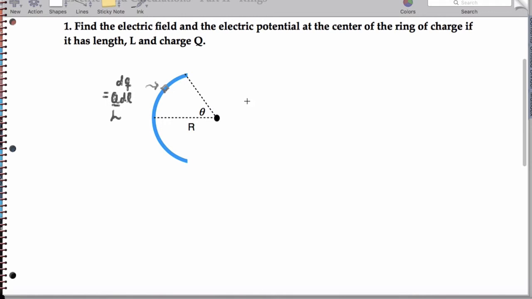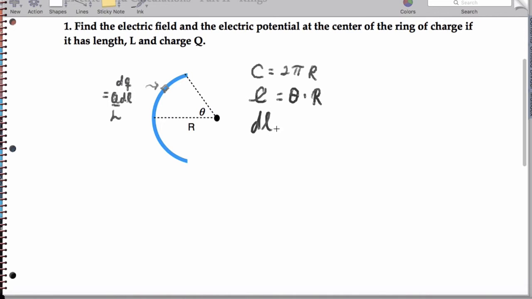Now, one thing I want to say about dl itself is that when we go around a circle, the circumference is 2 pi radians times the radius, and any other little hunk of circle L would be given by the angle in radians times the radius.